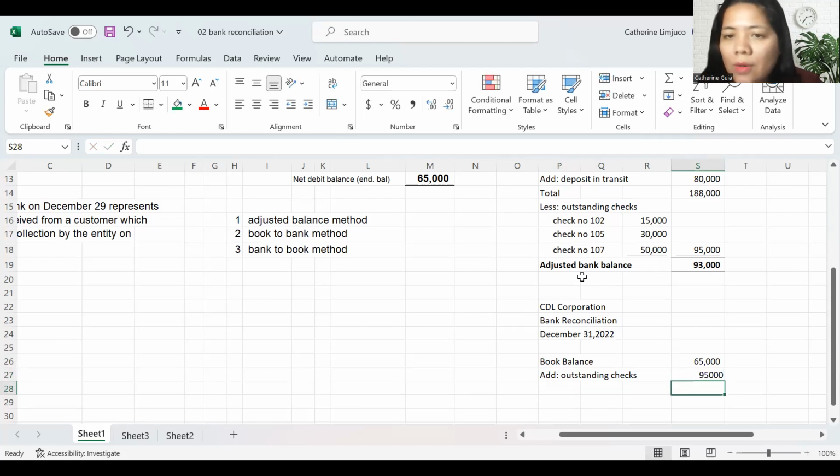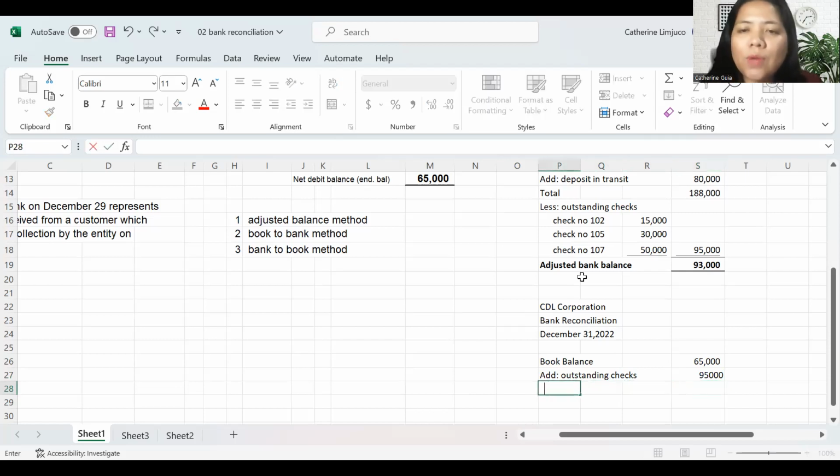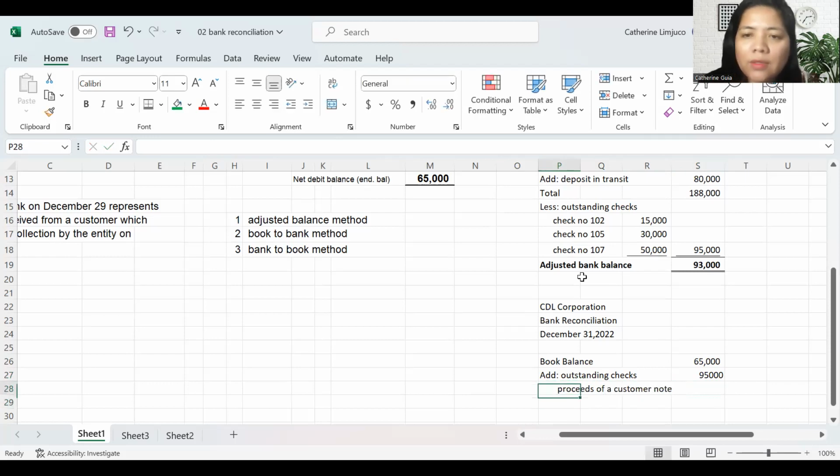What other item should be added per books aside from outstanding checks? That's correct. We also add the proceeds of a customer note, which is 30,000.